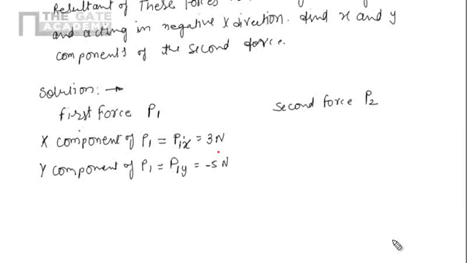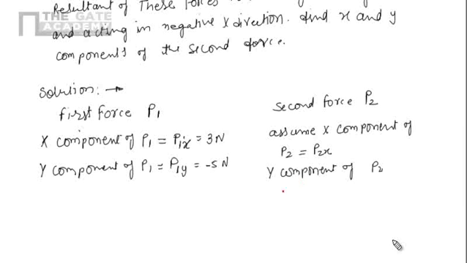Minus is showing it is acting in the negative y direction. Similarly, assume the x component of P2 is P2x and the y component of P2 is P2y. So now we have P1x, P1y, the x and y components of P1, and P2x and P2y, the x and y components of the second force.